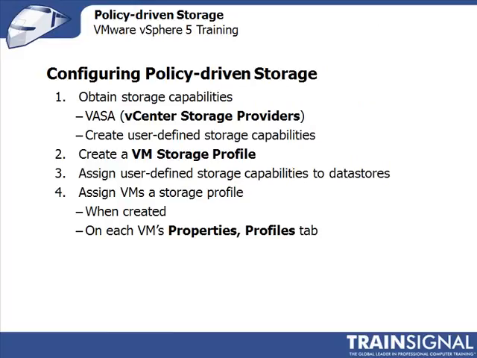Then you create a virtual machine storage profile. If you're not using VASA, you assign the user-defined storage capabilities to data stores. Then you enable virtual machine storage profiles, and then finally assign virtual machines to a storage profile. Then you can come back and see if the virtual machines are compliant with the profiles that they're assigned.